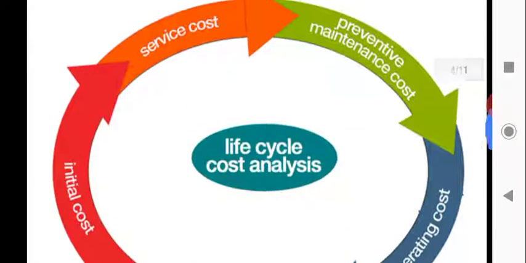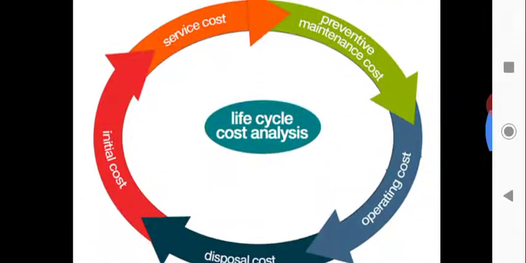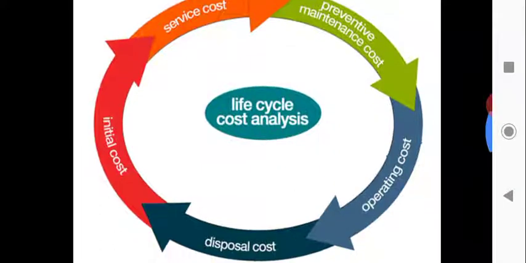So see, the life cycle cost analysis consists of service cost, preventive maintenance cost, operating cost, disposal cost and the initial cost. So initial cost is say 5,000 rupees, service cost say 250 rupees or 300 rupees, and next preventive and maintenance cost. Maintenance means if you need to replace any particular part in a mixer grinder, like the motor.